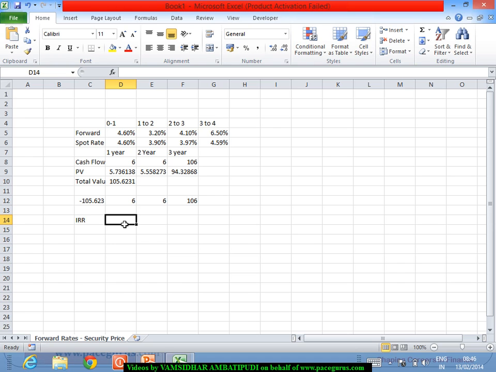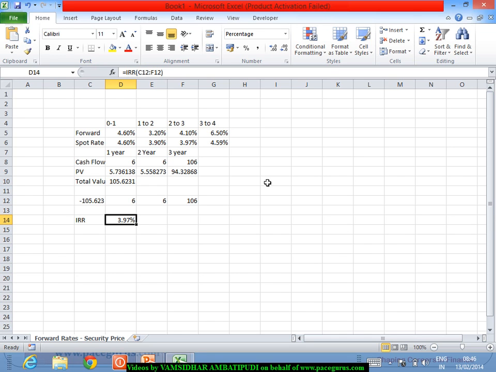Based on the overall redemption and the purchase price, what is the overall yield in this investment? It is a simple IRR computation, where the total present value of the inflows equals the present value of the outflows. That is what we call the IRR, and in this case it works out to somewhere around 3.97%.